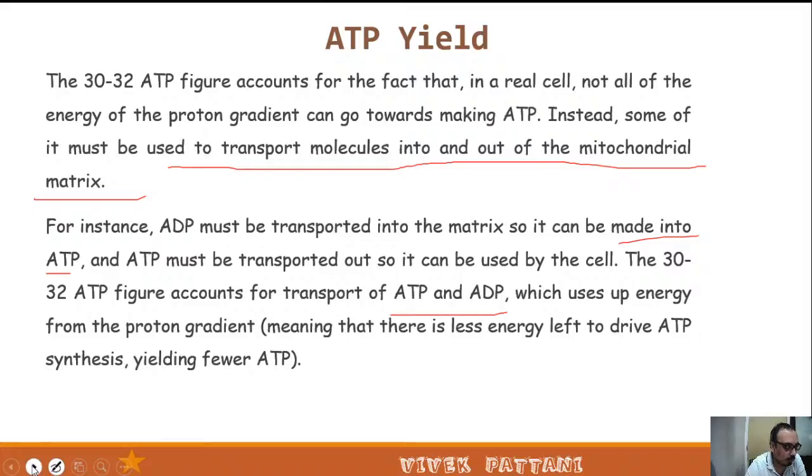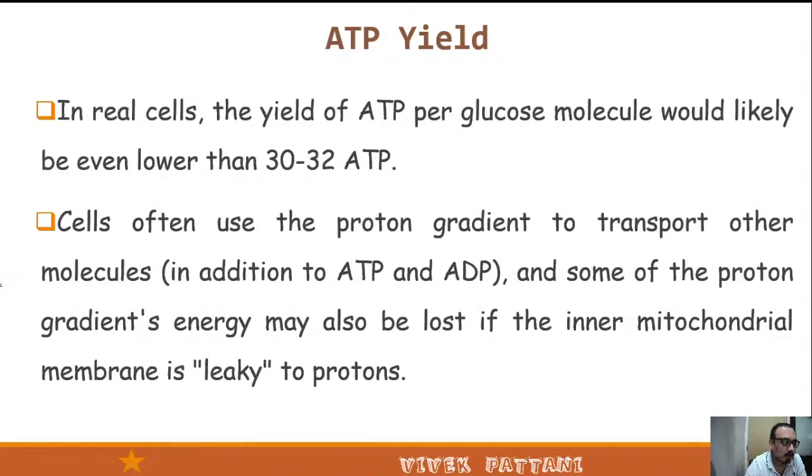In real cells, the yield of ATP per glucose molecule would actually be lower than 30 to 32 ATPs.